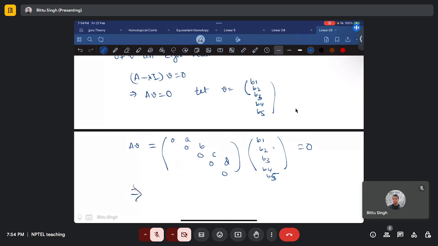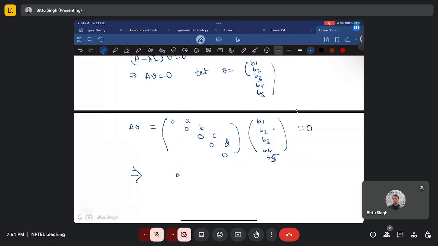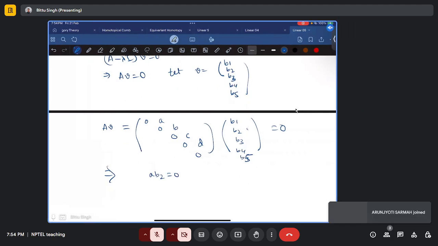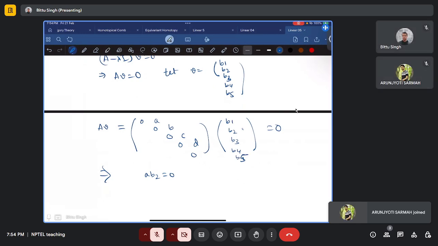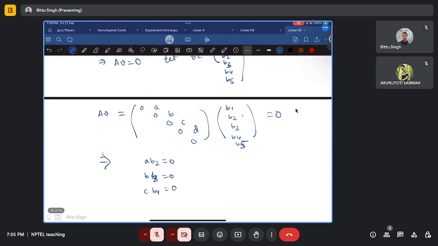From the first row we are getting A times B2 equal to 0. From the second row we are getting B times B3 equal to 0. Similarly, C times B4 equal to 0 and D times B5 equal to 0.